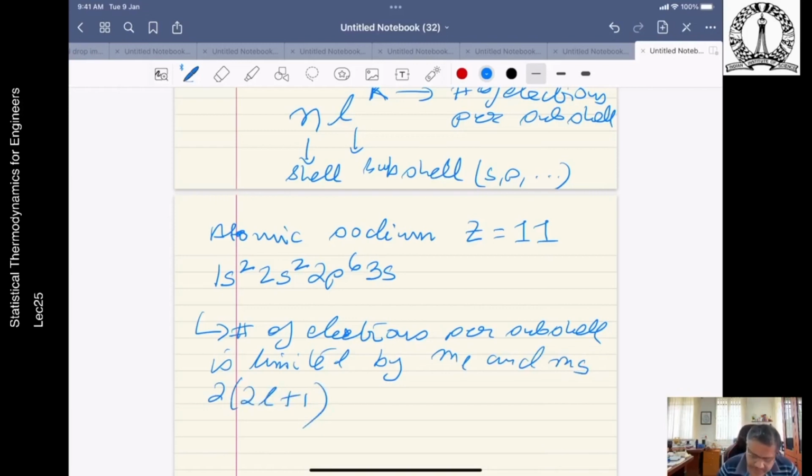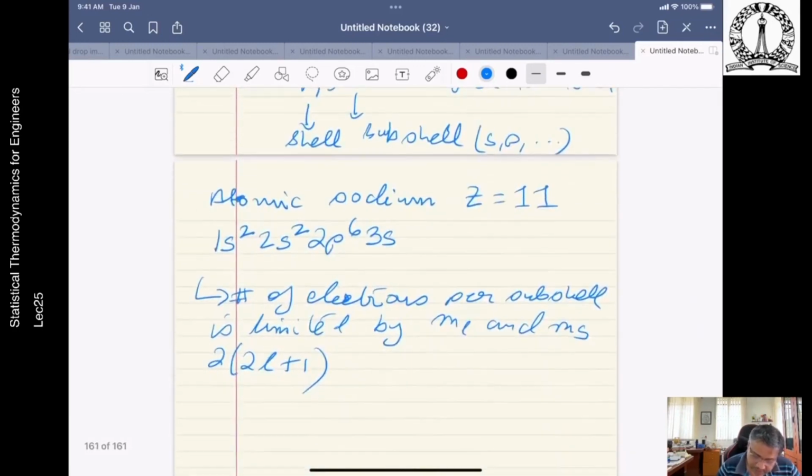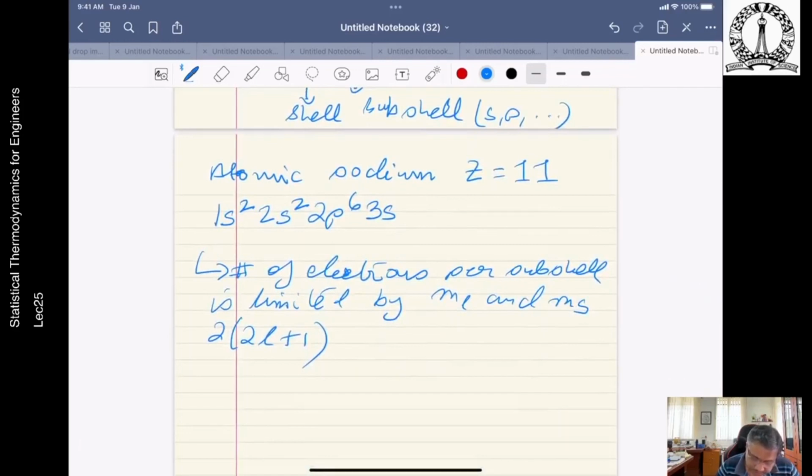So when l is equal to 0, there are only 2 electrons possible. When l is equal to 1, the number becomes 3, and 3 into 2, 6 electrons are possible in that particular subshell, and so on. When l equal to 0, the number of ways this can be counted is 2. So that's why you have the number 2.